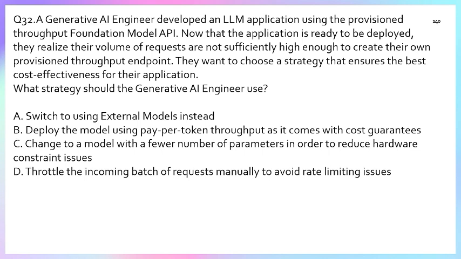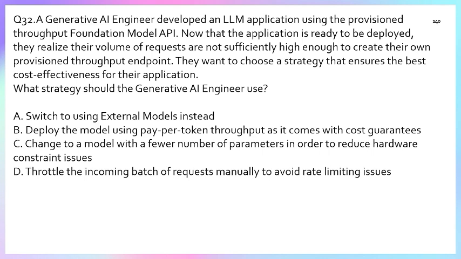What strategy should the generative AI engineer use? Option A, switch to an external model instead. Option B, deploy a model using pay per token throughput, which comes with a cost guarantee. Option C, change the model to one with fewer parameters to reduce hardware constraint issues. Option D, throttle incoming batch requests manually to avoid rate limiting issues. So the correct answer is option B.